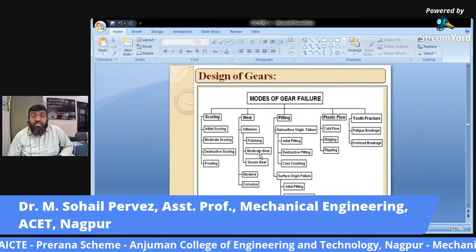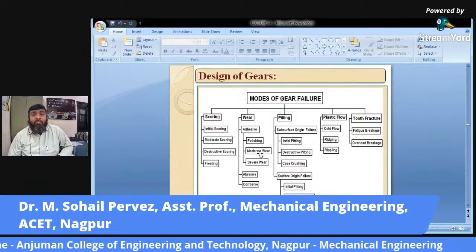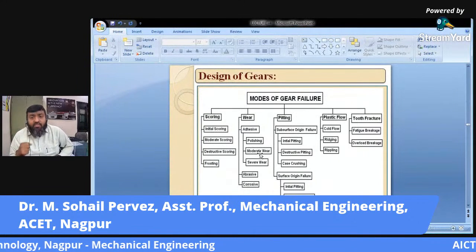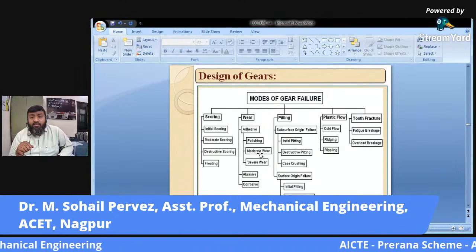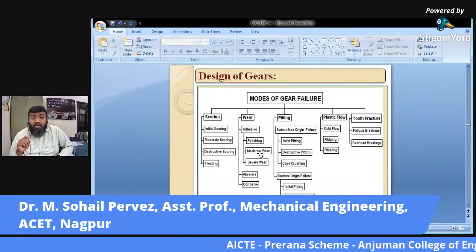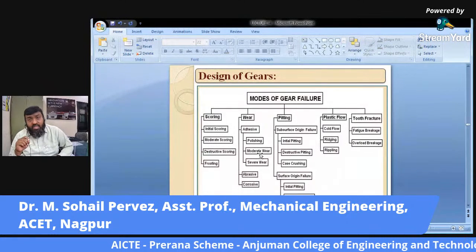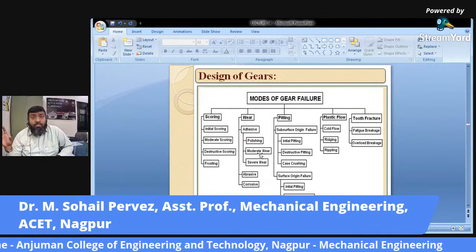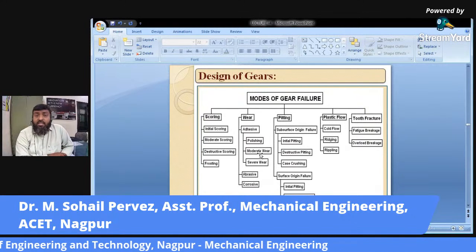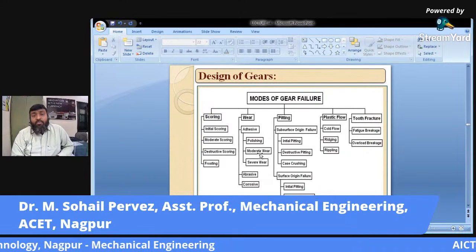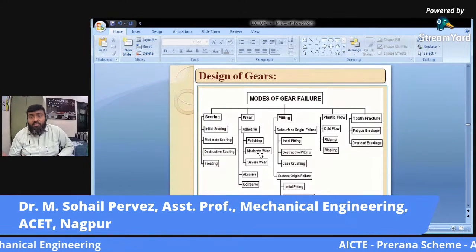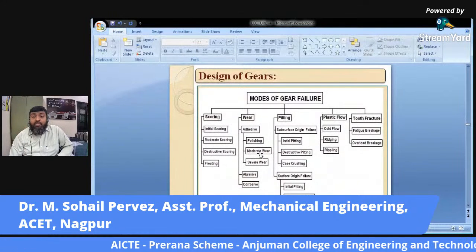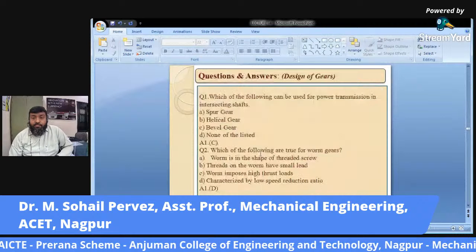That's why we use different types of heat treatment processes to improve the surface hardness and surface strength of the gear so that wear can be avoided. For pitting to be avoided, we have to design with minimum error, because we have to consider error also. There are some permissible errors and some probable errors, depending on which class we are using, that is class 1, class 2, and class 3 gears.